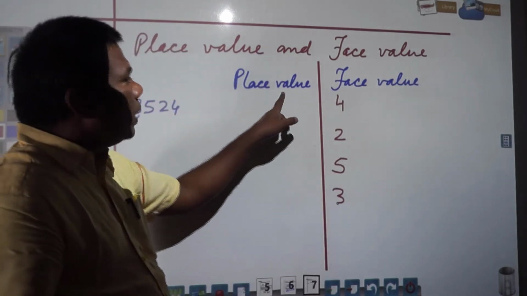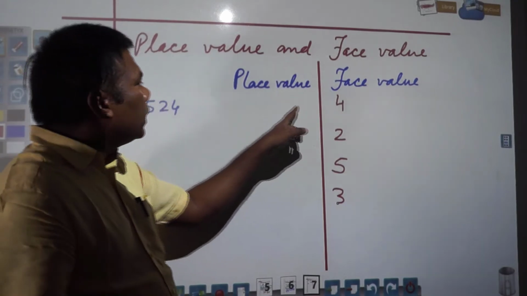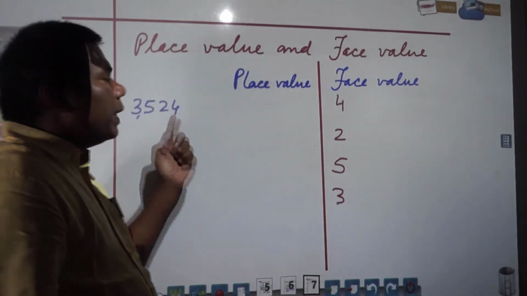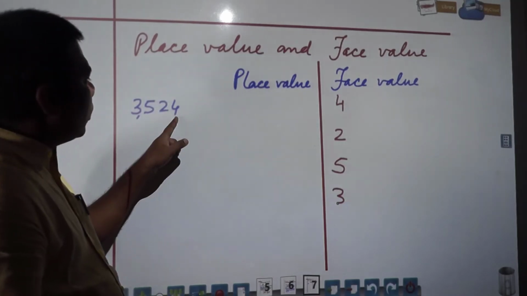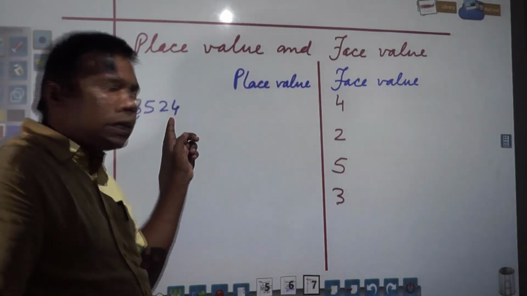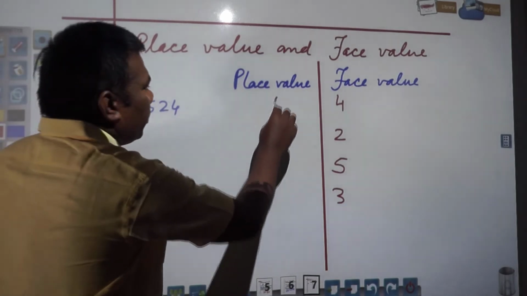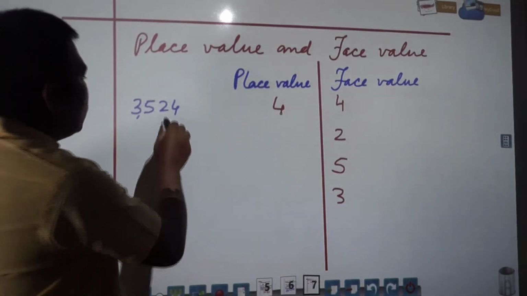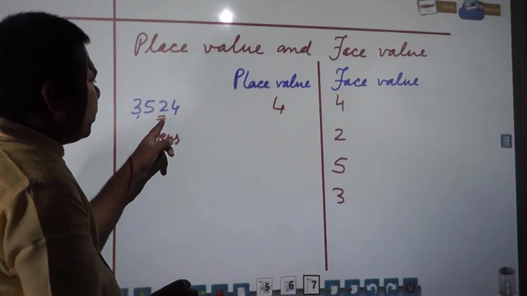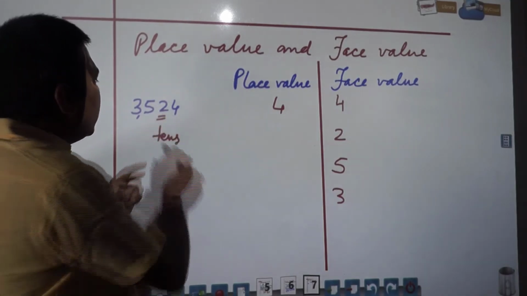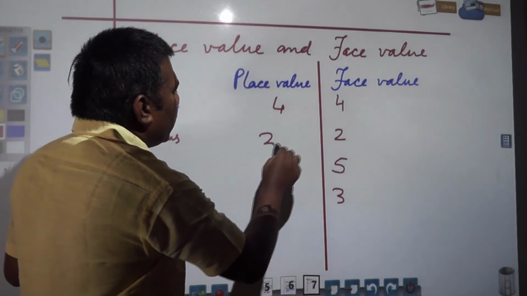But place value will change. How does it change? By what place it occupies. Suppose 4 is occupying the ones place, so its place value will be 4. But 2 is occupying the tens place, so the value of 2 in this number will become 20.